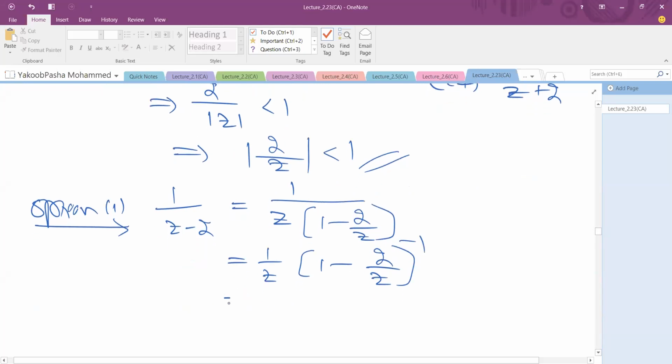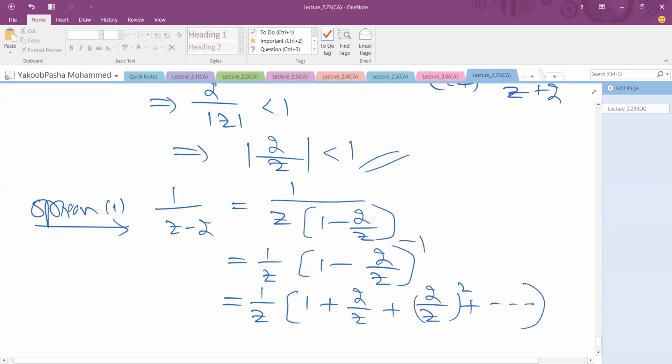Now expand this 1 by z of 1 minus 2 by z whole to the power of minus 1 by using the 1 minus x whole to the power of minus 1 expansion. So 1 plus 2 by z, second term 2 by z whole square, plus and so on.